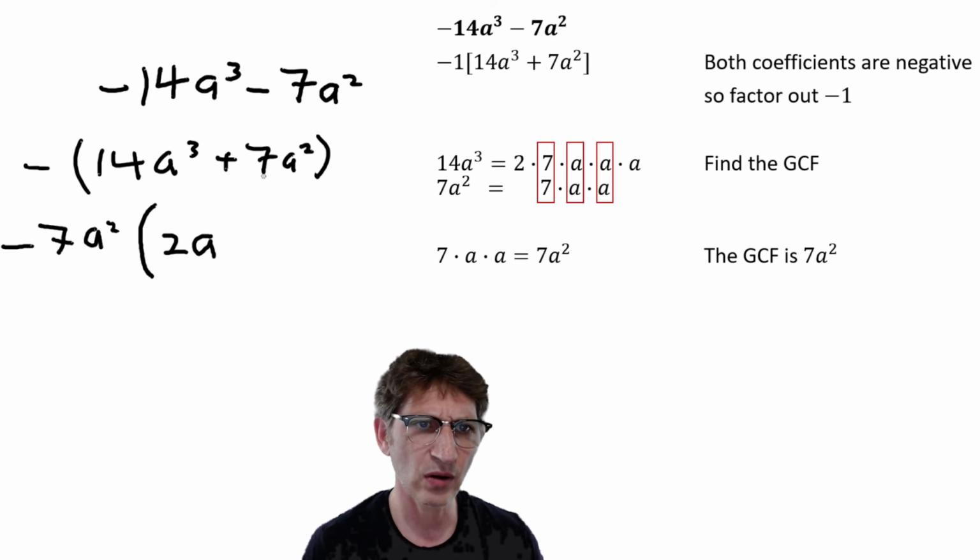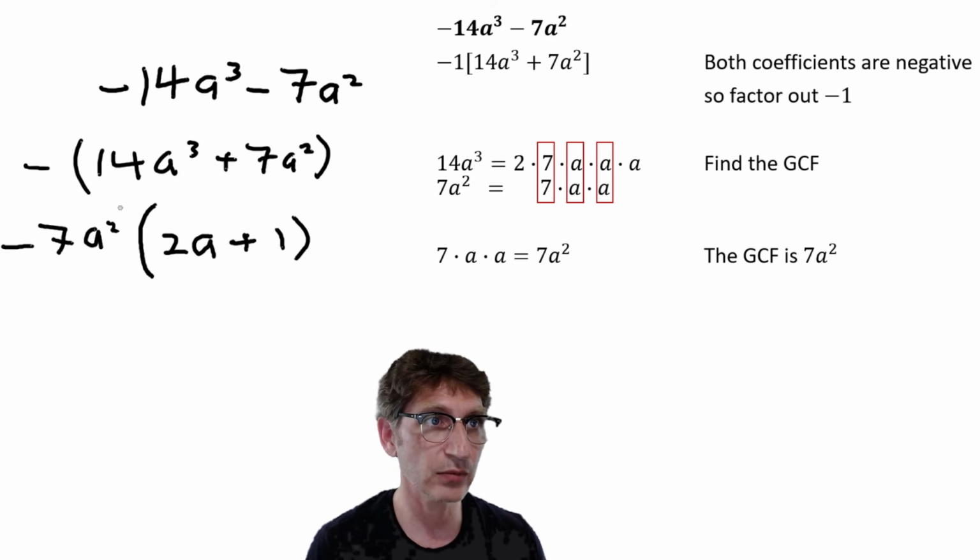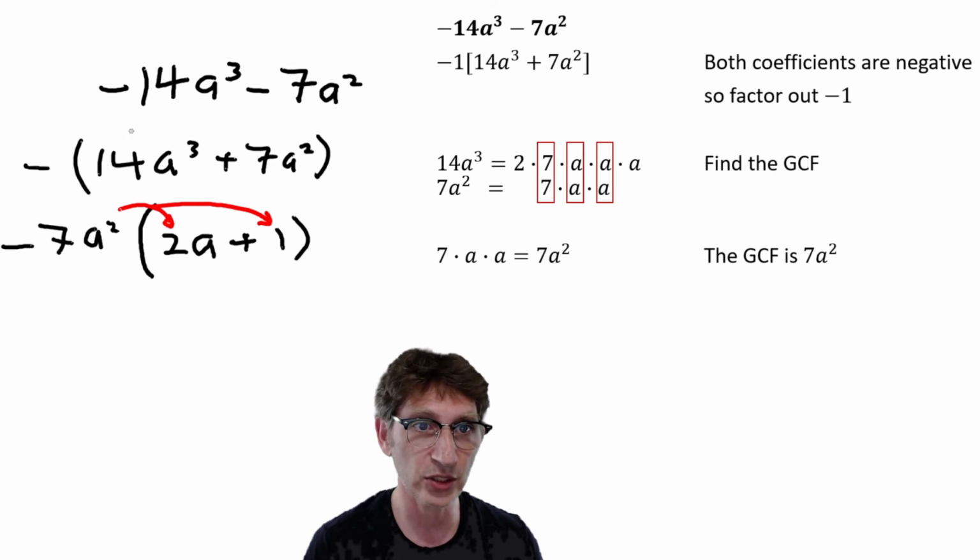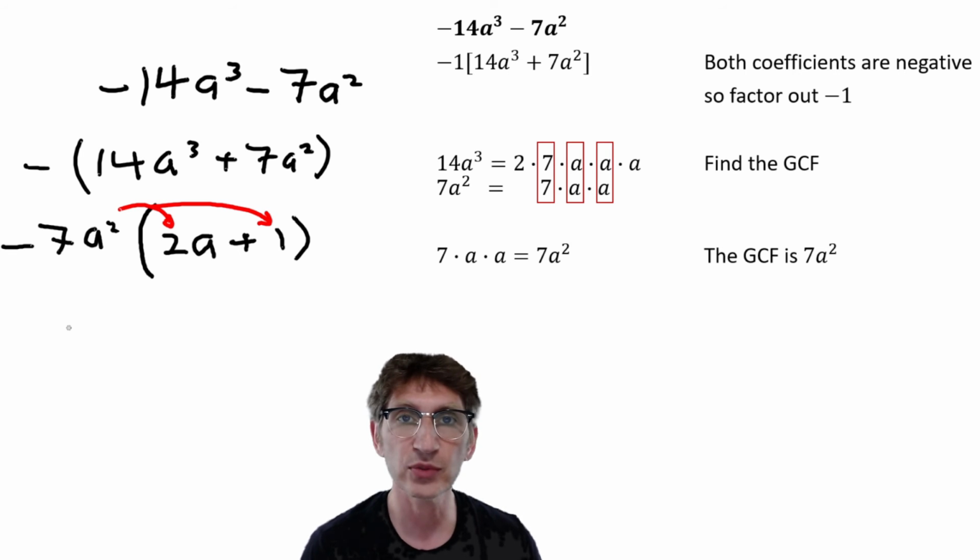And now, well, let's see, I took the 7 out of 7. 7 divided by 7, that's just 1. A squared divided by a squared, that's 1 also. So this is just 1. It's negative 7a squared times 2a plus 1. Once again, we're going to use the distributive property just to see what happens. Great way to check our work, make sure we've done this properly. Negative 7a squared times 2a.